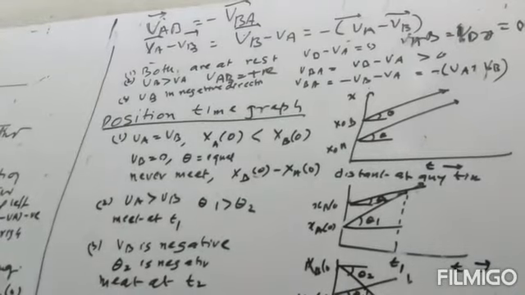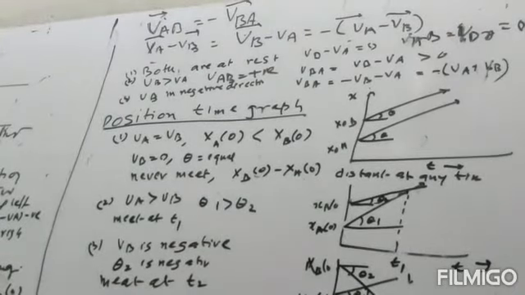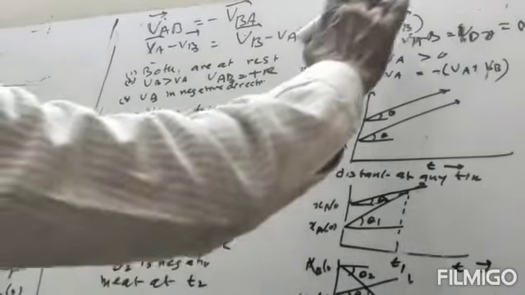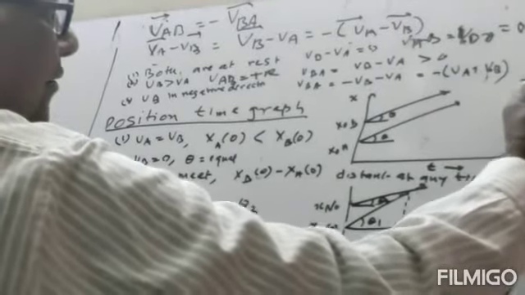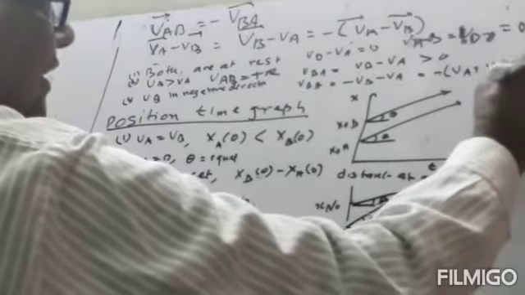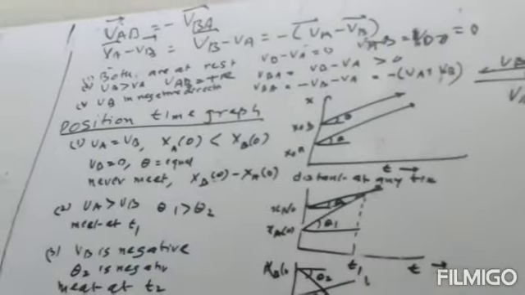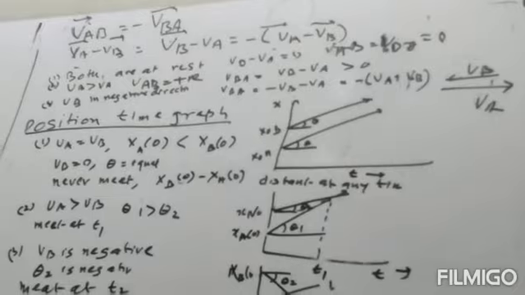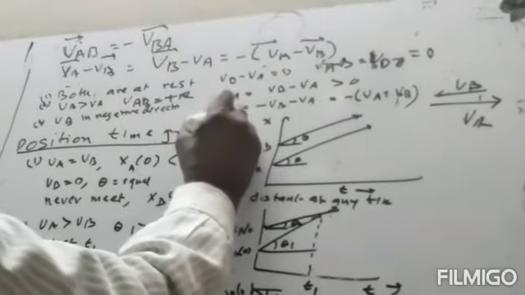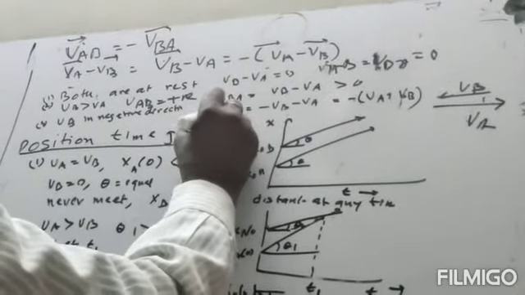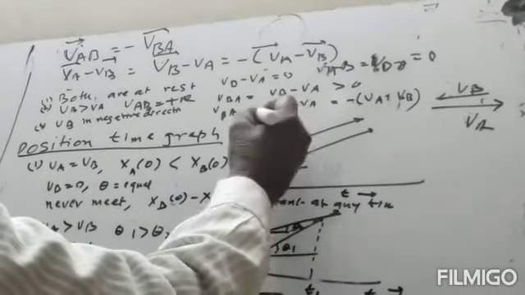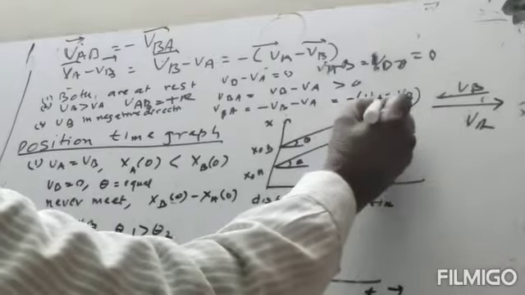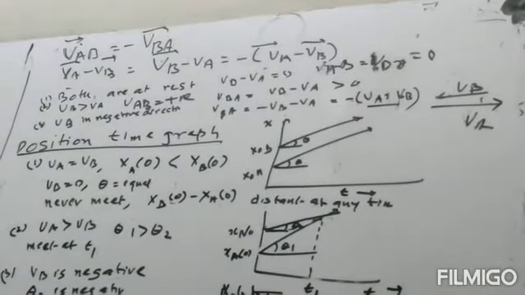If VB is in the negative direction, suppose VA is in this direction and VB in this direction, then the relative velocity of B with respect to A will be equal to minus VB minus VA, which is minus VA plus VB.